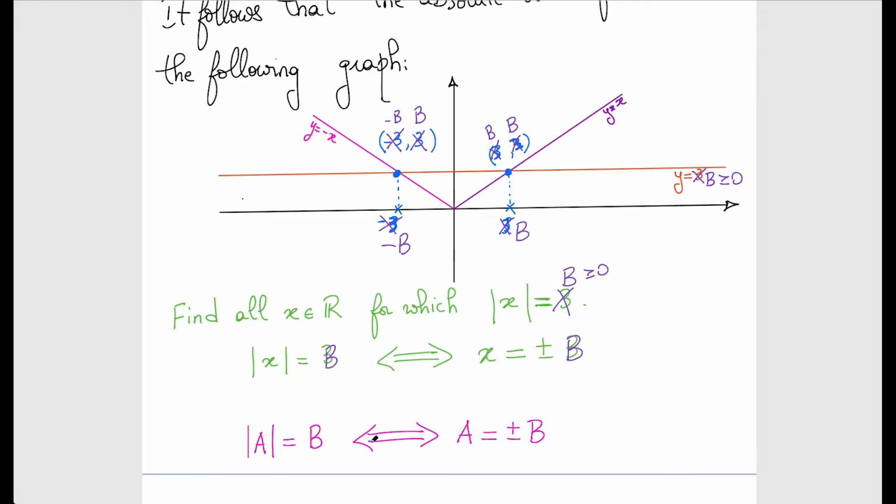So this is a result I'm going to keep. I'm going to call it result number 1. I'm going to derive more results that pertain to inequalities, not just equalities.